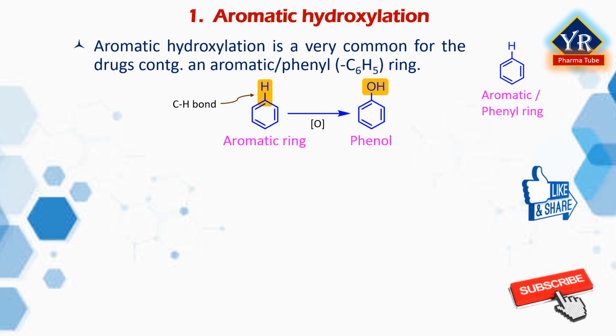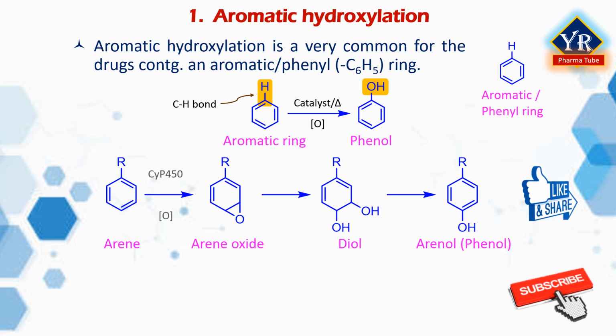Chemically, the hydroxylation reaction is mostly mediated by catalysis and heat. Hydroxylation of the aromatic ring by the cytochrome P450 enzyme leads to the formation of a highly reactive strained arene oxide or epoxide intermediate.